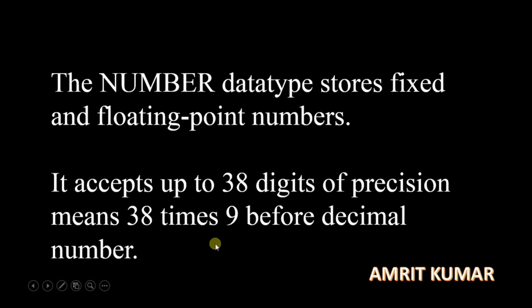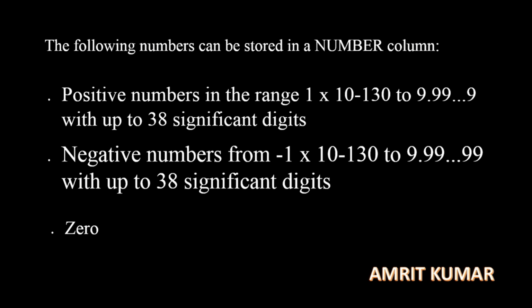So we can store our number up to 38 digits of precision. The number can be positive, negative, or 0, and all these numbers we are going to store in the number columns.